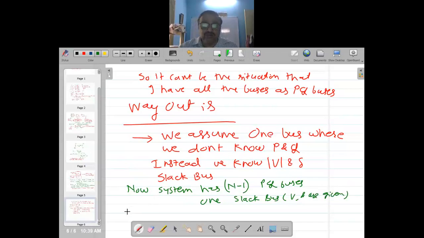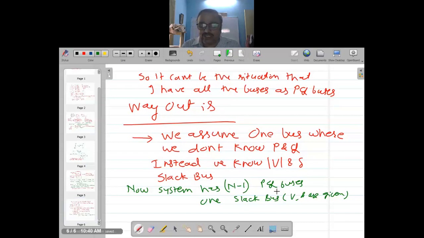So now this contradiction is gone. Mathematically we can still solve this, because there are n minus 1 buses where PQ are known and V and delta are unknown, and one slack bus where PQ are unknown and V and delta are known. So we still have 2n equations and 2n unknowns. So we can solve this without any contradiction being created that I know the losses. I can't know the losses.